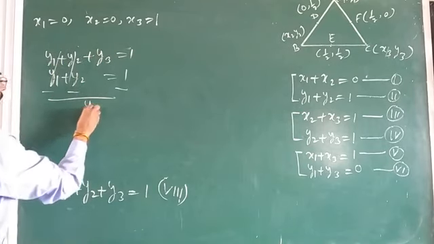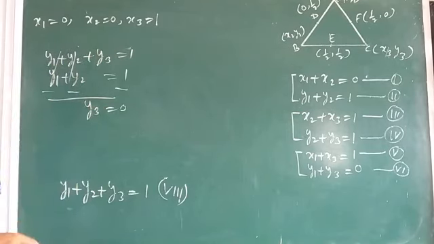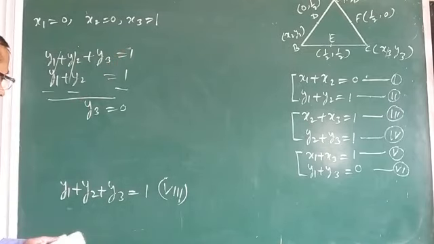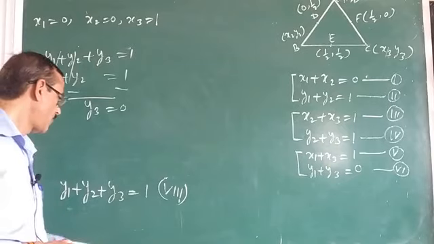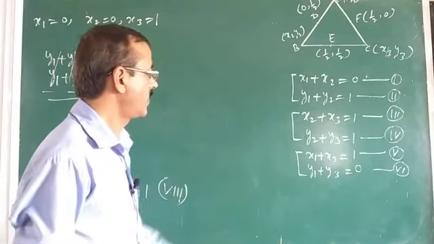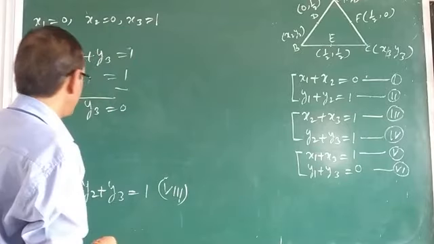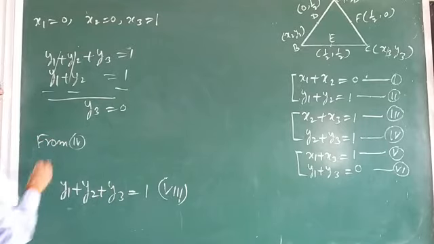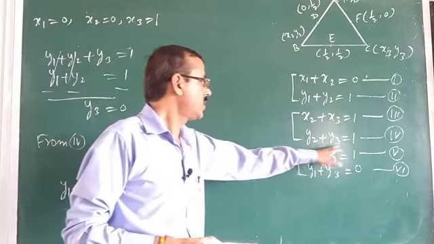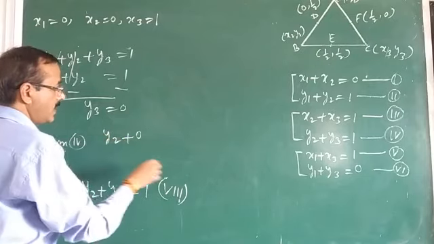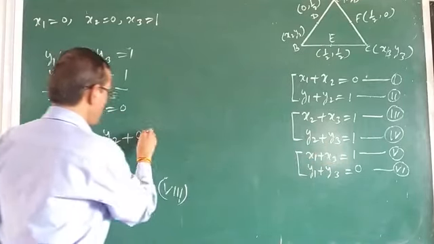What remains? y3 is equal to 0, because 1 minus 1 is equal to 0. So one value we got, y3. If we got y3, put y3 in the fourth, we can find y2. So from the fourth, y2 plus y3 is equal to 1. Putting 0 for y3 here, y2 plus 0 is equal to 1.